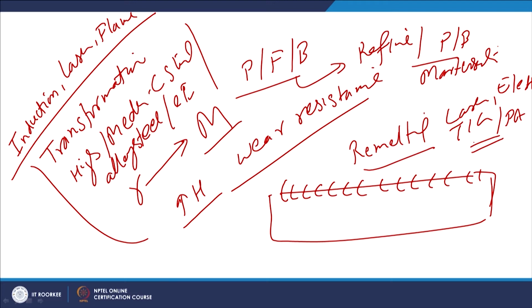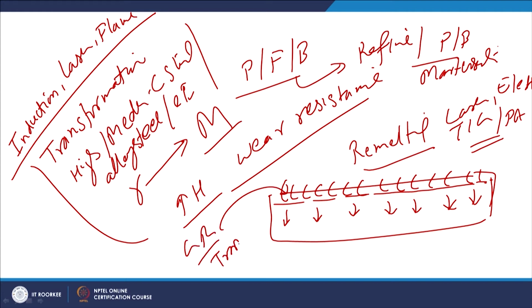In these cases the primary purpose is to melt up to the required depth, which may be 1 mm, 0.5 mm or 1.5 mm as per requirement, followed by rapid cooling of the molten metal, which results in both grain refinement as well as transformation hardening. So, these were the two categories of methods about which we have talked.